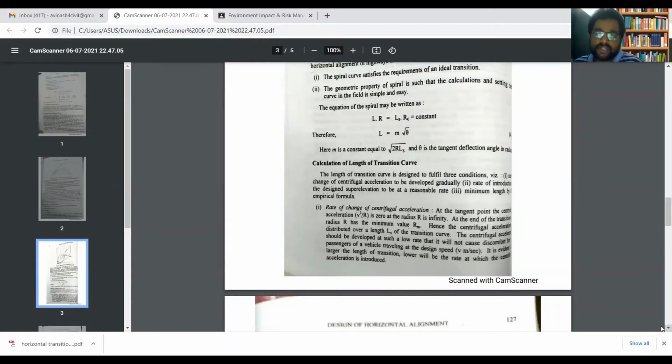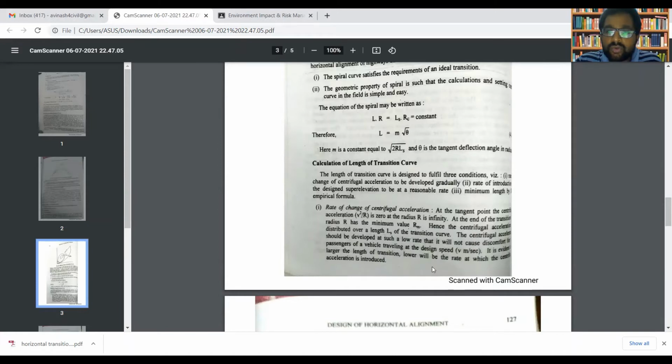So, rate of change of centrifugal acceleration. At the tangent point, the centrifugal acceleration v square by r is 0, as the radius r is infinity. At the end of the transition, radius r has the minimum value of Rm. Hence, centrifugal acceleration is distributed over the entire length of the transition curve.